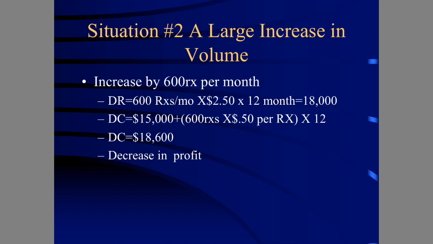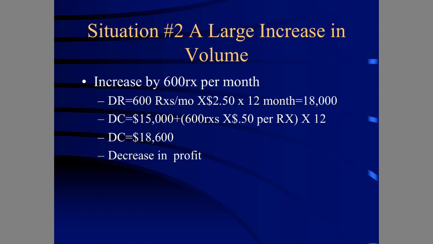If I increase by 600 prescriptions a month, times 250 times 12 months, this is 18,000. My current direct cost is 15,000, and I add the 600 prescriptions, which is going to add another 50 cents per claim for my costs.